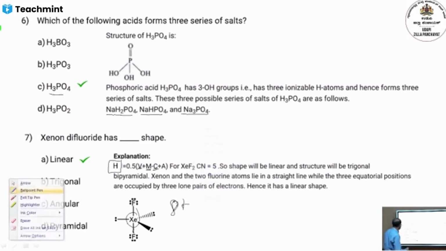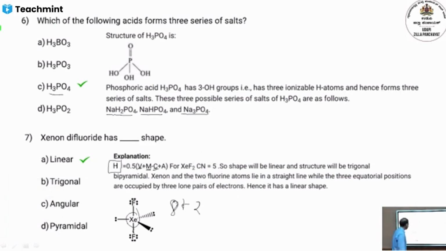So the total is 10. Cations and anions are not there, and dividing by 2, it is 5. So the hybridization, or the coordination number, is 5.